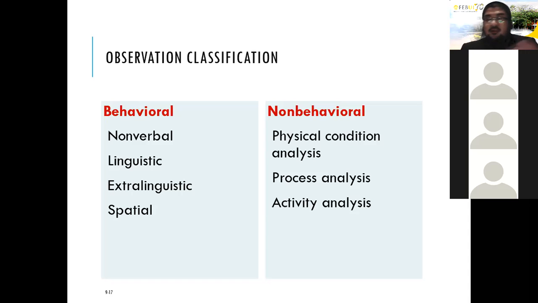For example, the layout of cafes before the pandemic and after the pandemic changed. There's a plastic shield that creates a safe distance between the cashier and the customer, and how does that influence the behavior of the user, of the consumer. That's also an interesting part to be observed.